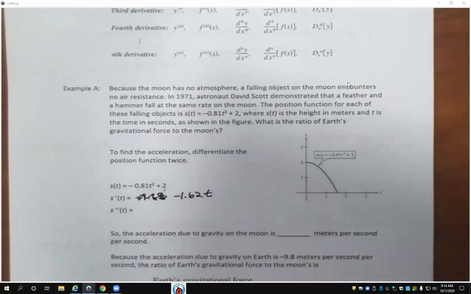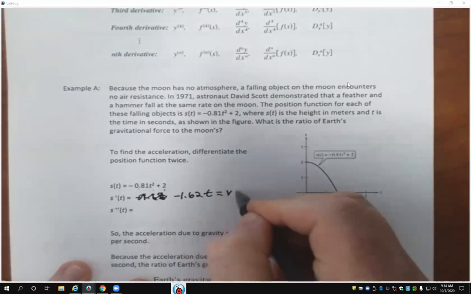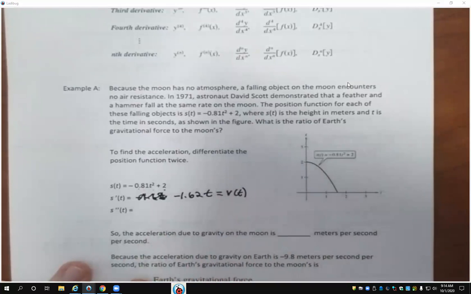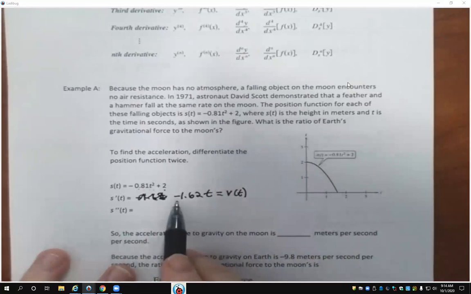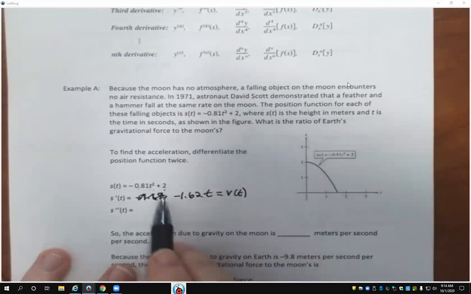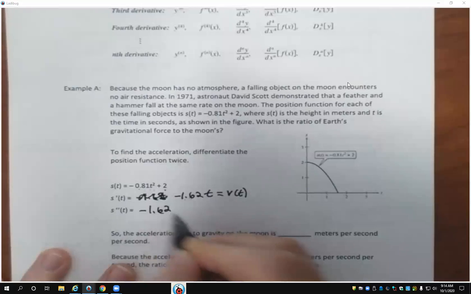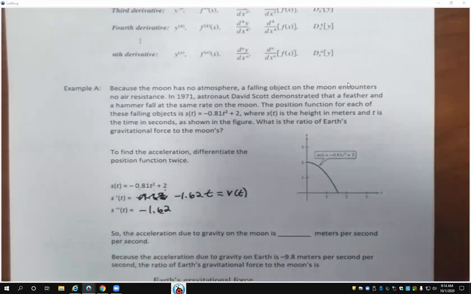That is our first derivative, and it also represents v of t. Now we take the derivative of this, so s double prime is negative 1.62 t to the 0, or just negative 1.62.